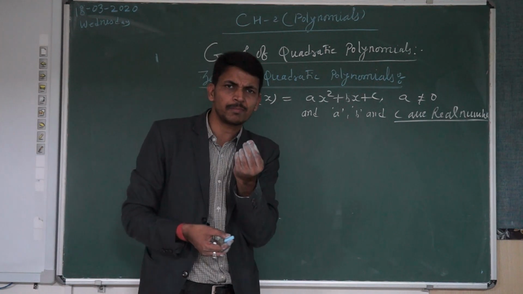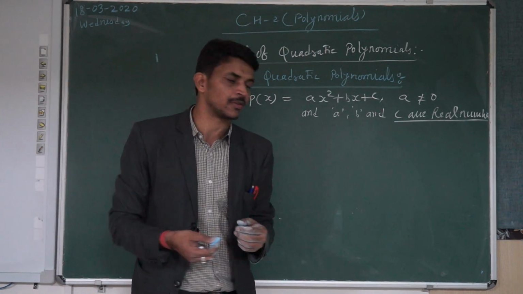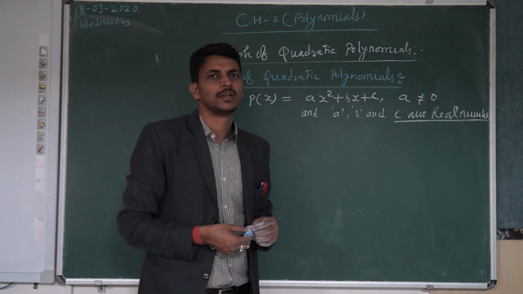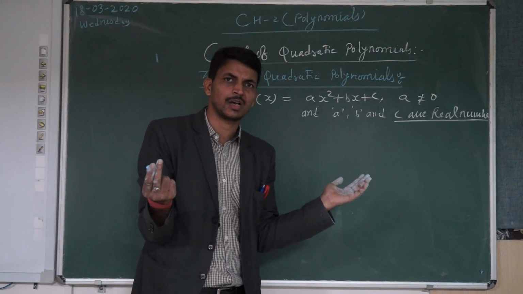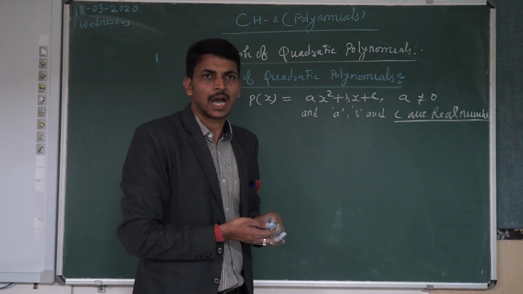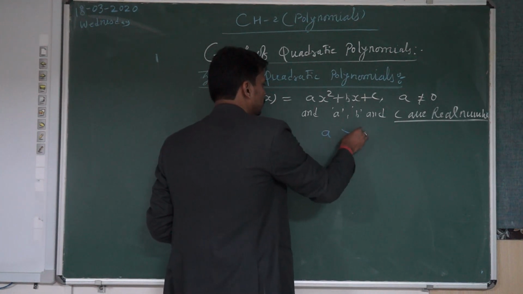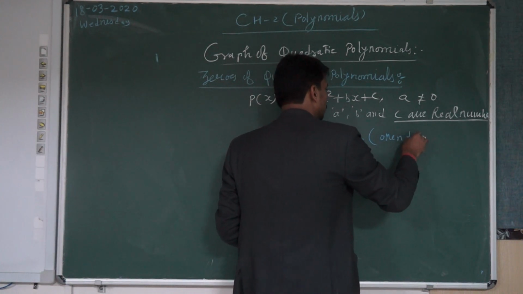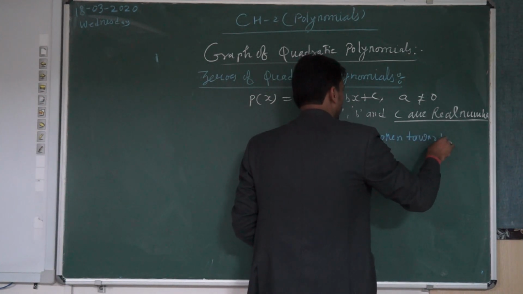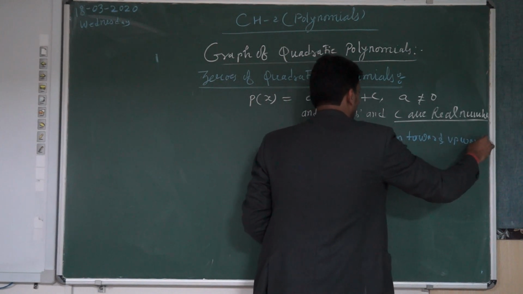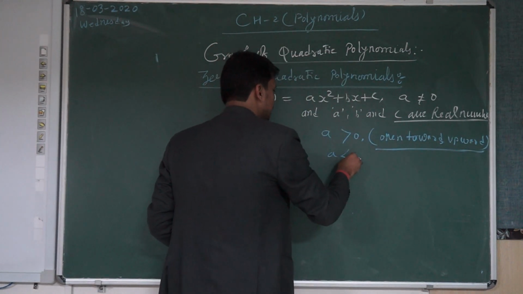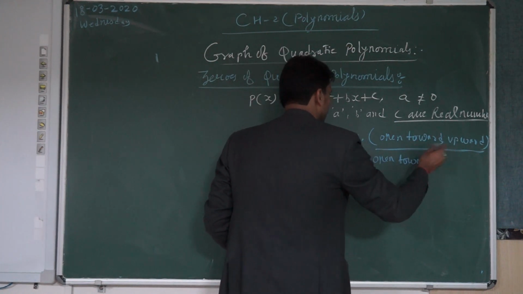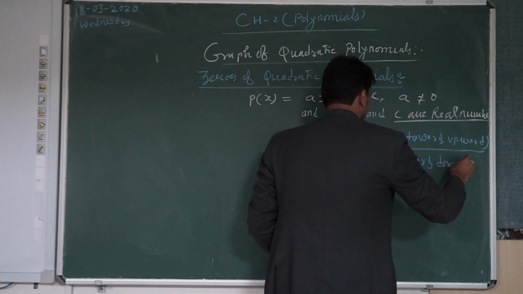Let me explain one very simple thing to you also. Whenever we draw the graph of a quadratic polynomial, the direction of the parabola will depend on the value of a. I mean to say, if a is greater than 0, the parabola will always open in the upward direction, and if a is less than 0, then it will open in the downward direction.